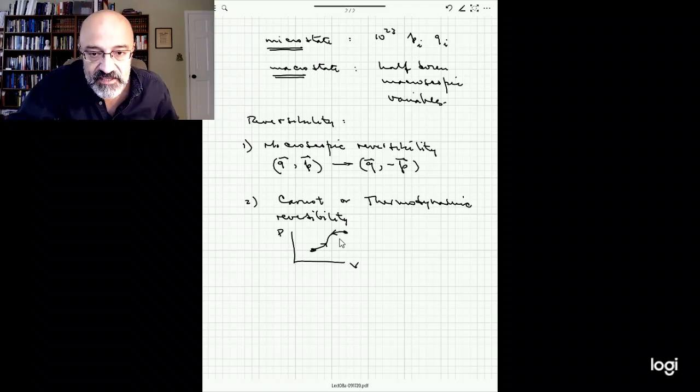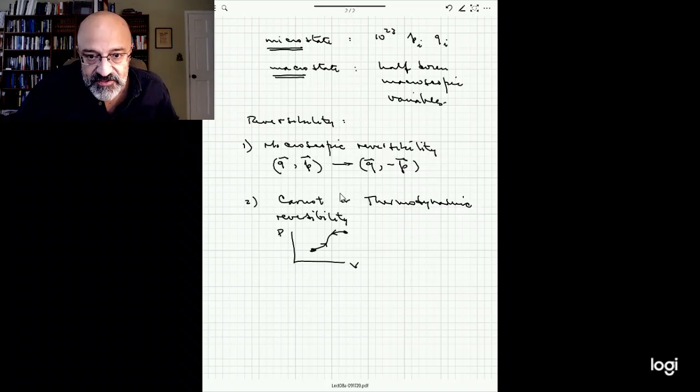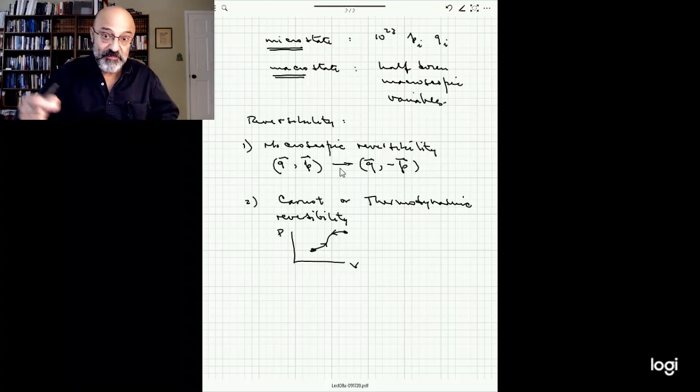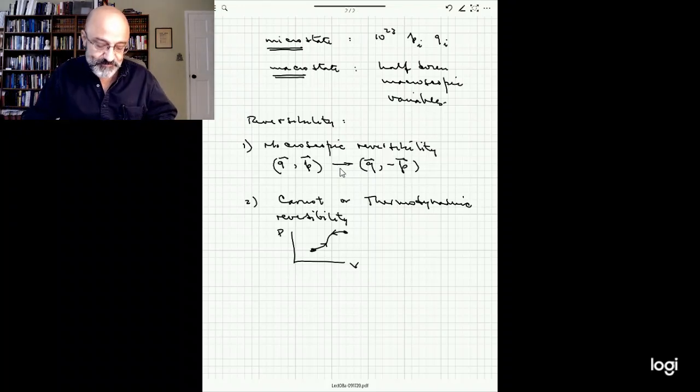Please notice that that does not mean that you have flipped the velocities of the particles. So these two types of reversibility are very, very different. Here, you're just retracing your steps, but the molecules can be doing whatever they want. While here, you really are talking about reversing the microscopic trajectories.